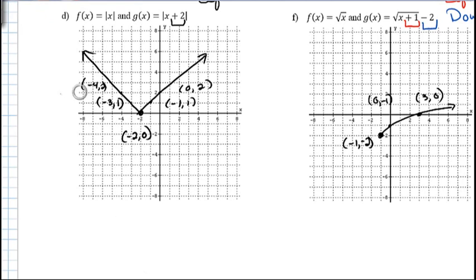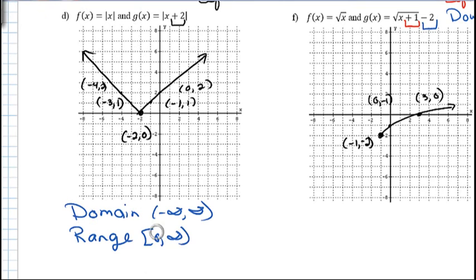So this graph goes to the left and the right forever, so the domain is negative infinity to infinity. And the range, so it starts at 0 and goes up forever. And we use a square bracket because it's including 0 here.